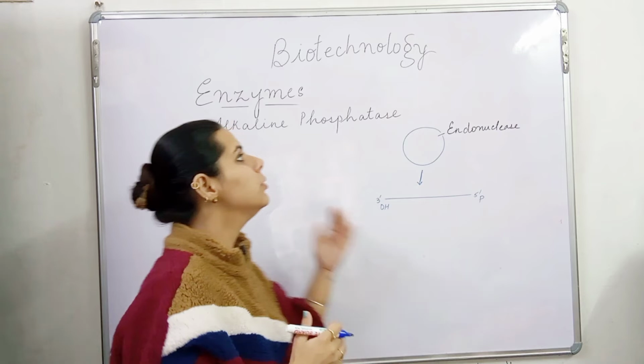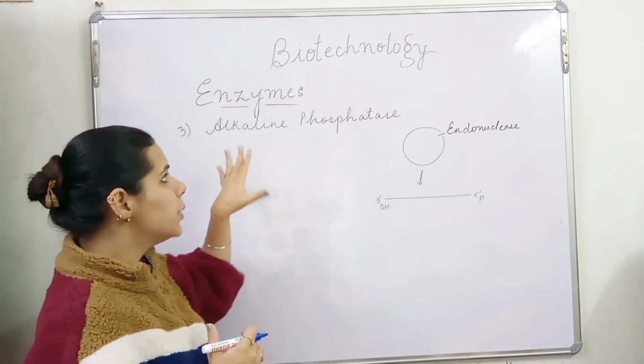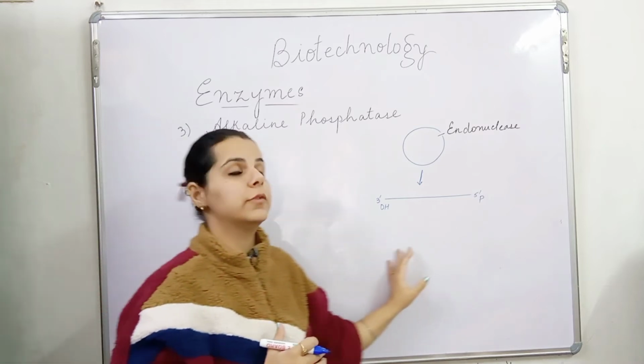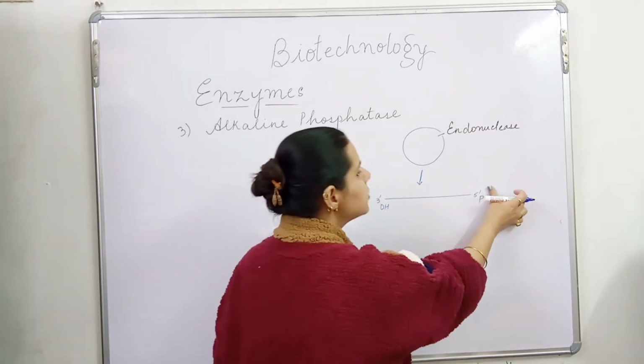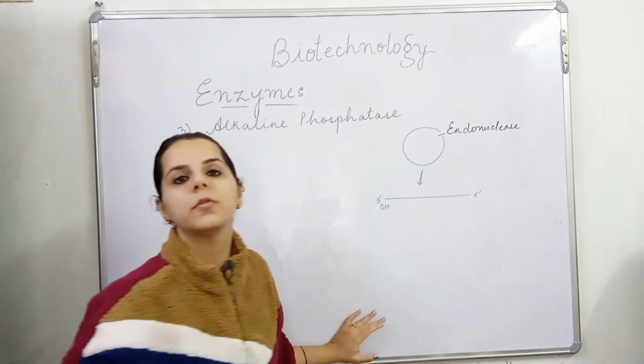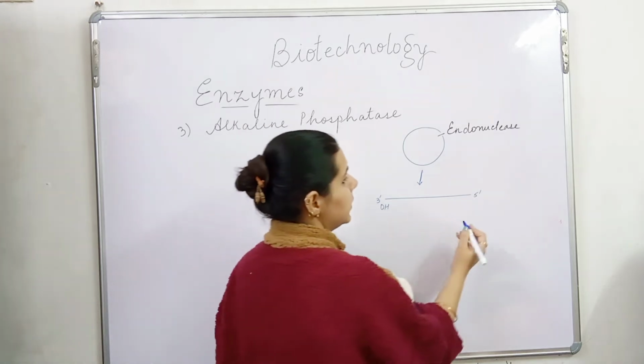Here comes the role of the enzyme alkaline phosphatase. So I will now introduce alkaline phosphatase, and what this enzyme is going to do is remove this phosphate from this 5' end. Now what am I left with?